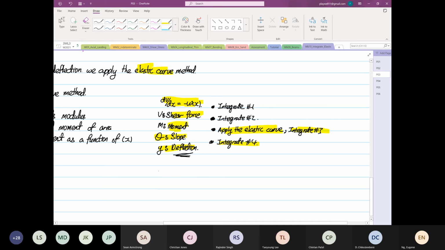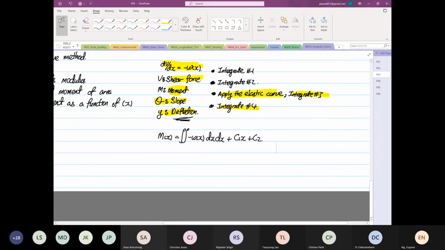The moment M as a function of x is equal to minus omega x, integrated twice already, plus C1 x plus C2. Then we apply the elastic curve: this whole thing is equal to EI d squared y over dx squared.